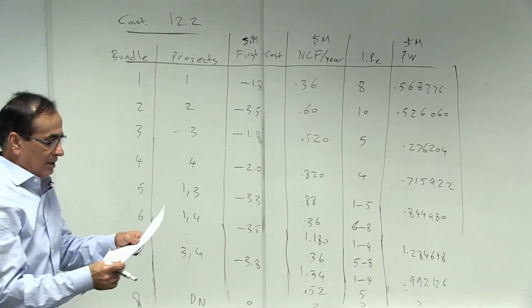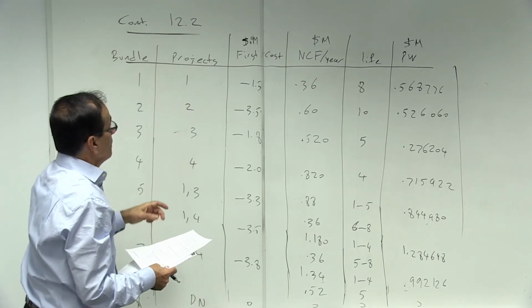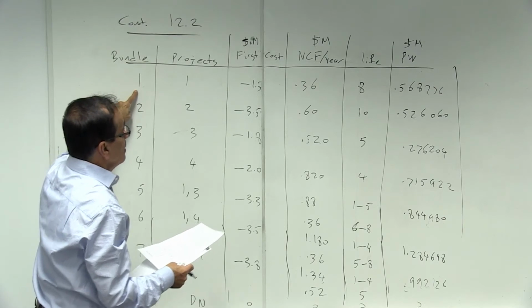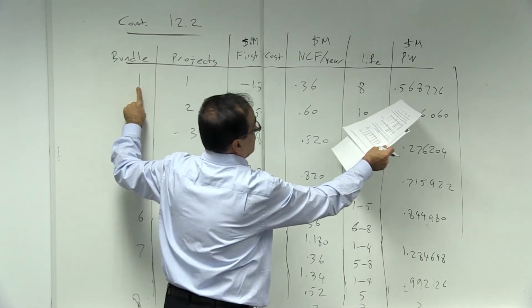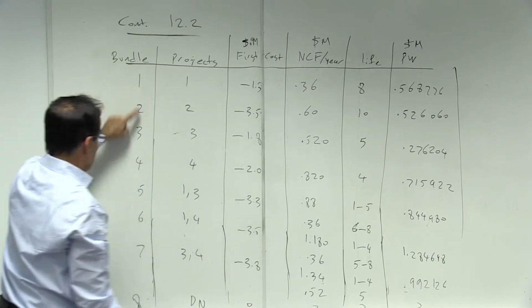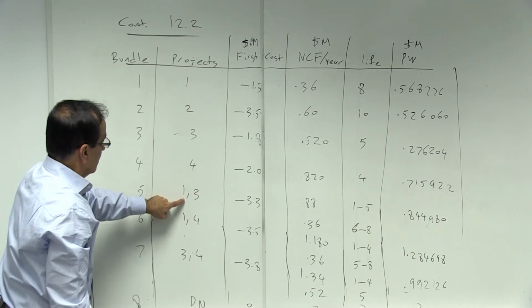All right. We're going to continue with example 12.2. In previous parts, I found the present worth of bundle number 1, which was almost 0.56 million, and I did bundle number 5, which consists of alternatives 1 and 3.